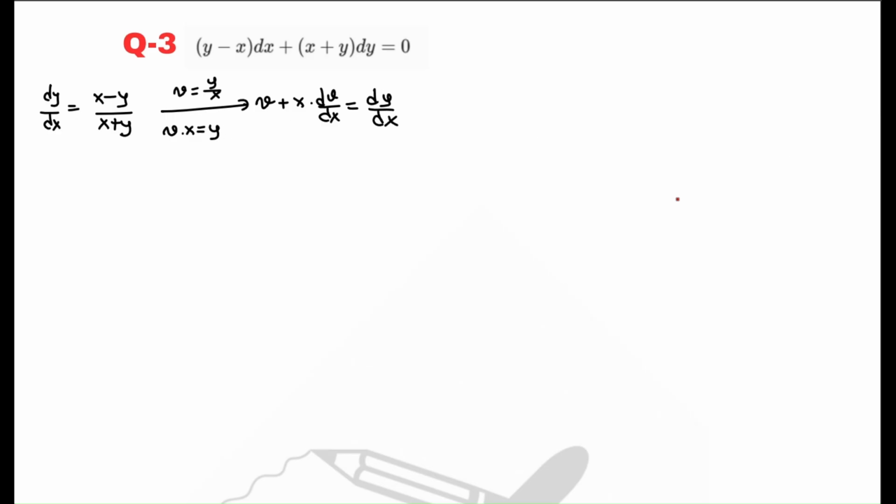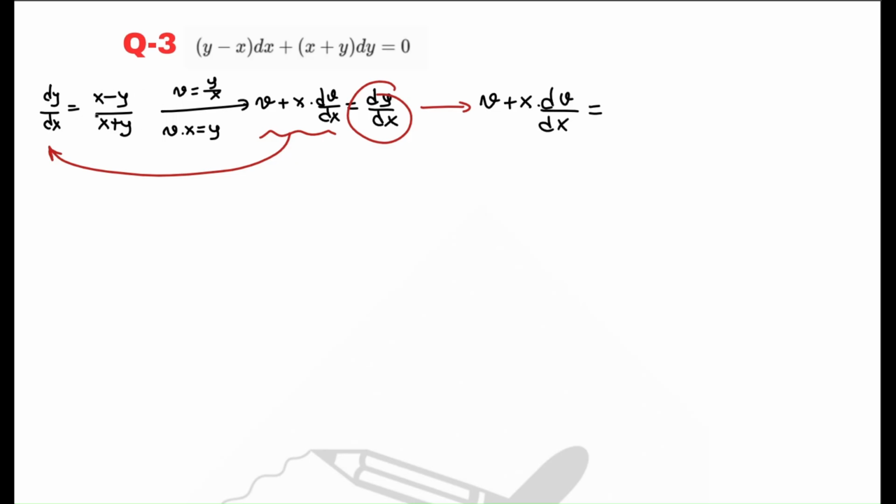And let's put this term to here. What we have: v plus x times dv over dx is equal to that, but let's write y as v times x. So x minus v times x over x plus v times x.